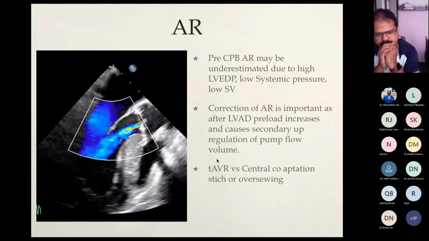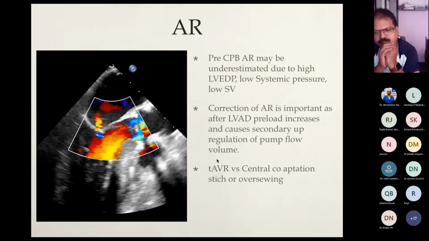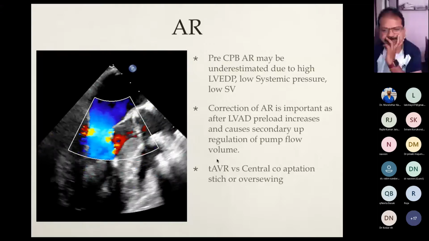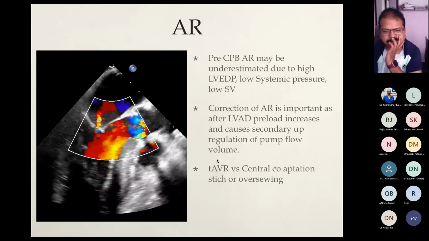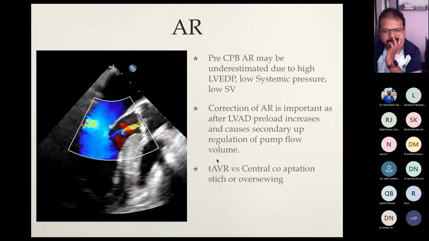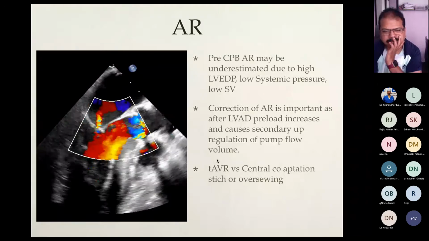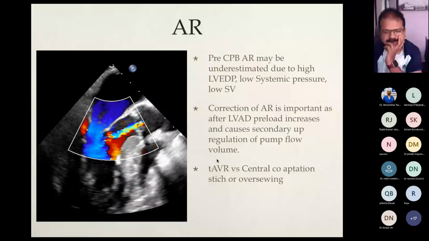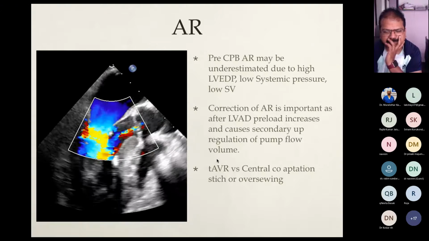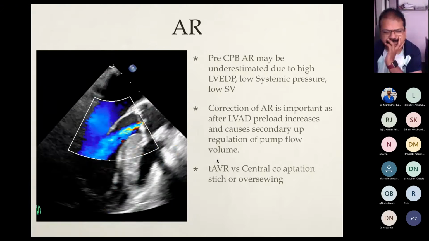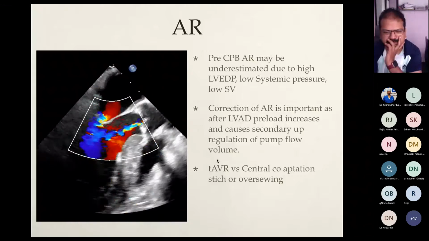So if there is at least moderate to severe AR, the surgeon has to either change the valve, in which case the choice is a tissue aortic valve, or sometimes they take a central coaptation stitch known as the Park stitch, or sometimes they completely occlude the aortic valve. But completely occluding the aortic valve has the problem that there is more chance of thrombus formation in the aortic root, and the LV cavity becomes a blind spot for thrombus formation.